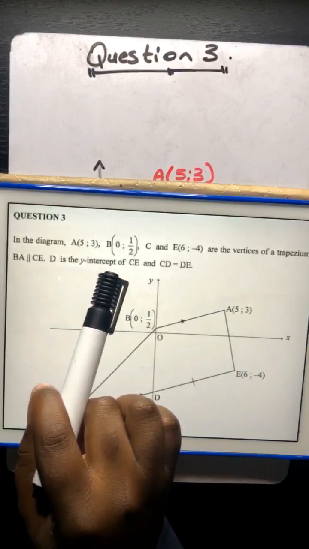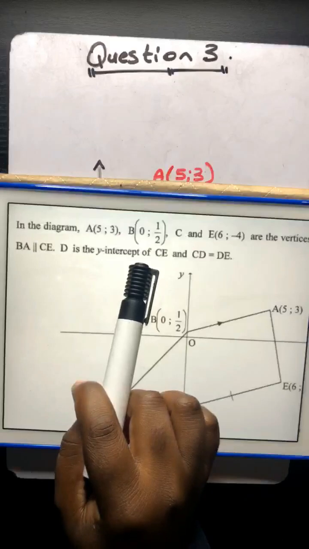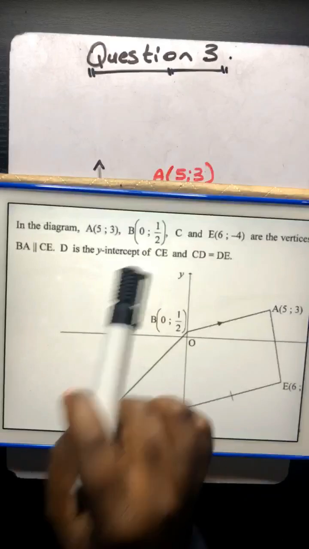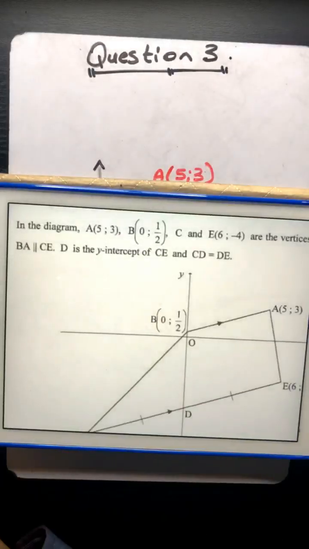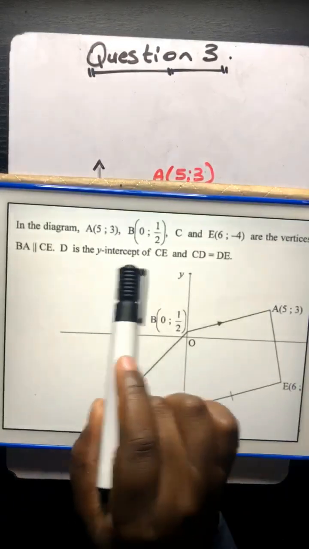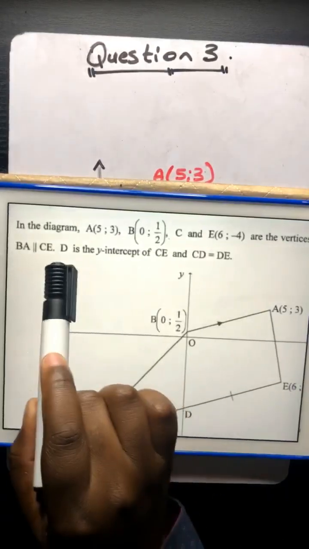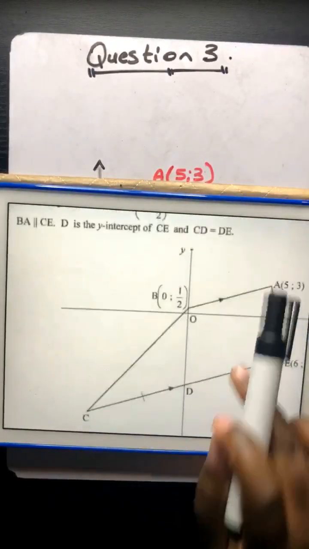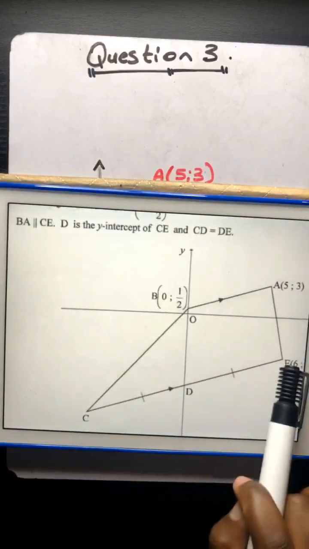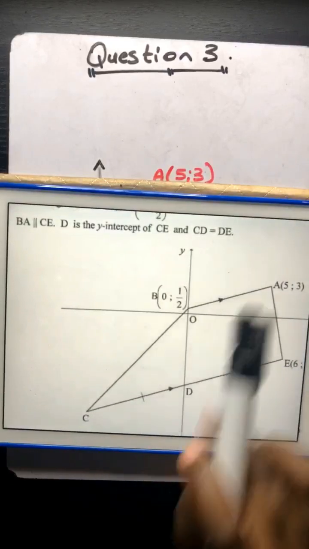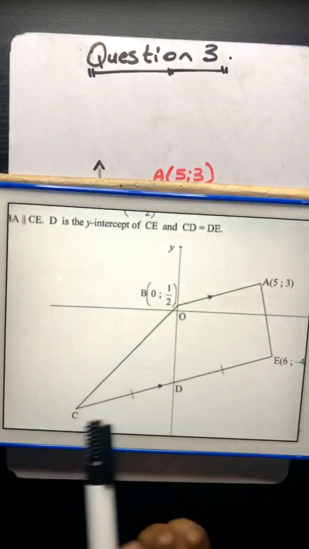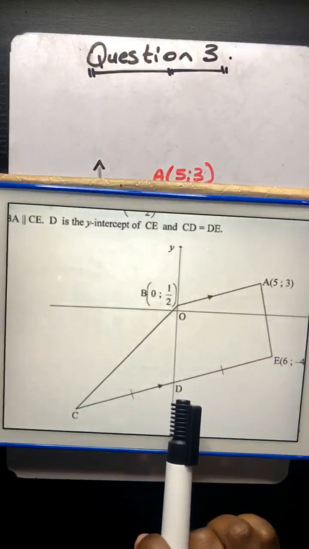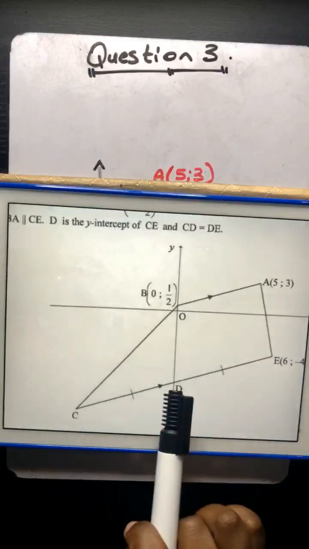Remember, the word intercept simply refers to y-cut, y-touch, or y-intercept, which is point D. Y-intercept of CE. Where is CE? C, oh, there's E. This is point D. Okay, makes sense. And CD. CD is equal to DE. So that means from there to this equals to from the.